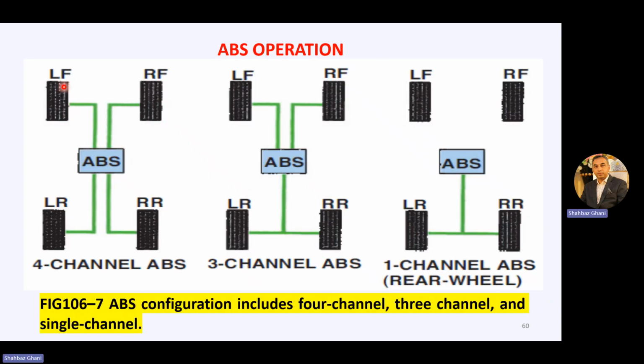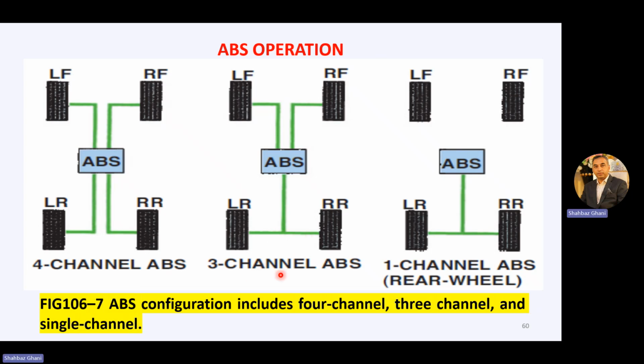So now see the 4-channel ABS system. We have a left front, right front, left rear, right rear. Every wheel has its own speed sensor. So this is the 4-channel ABS system category. And in the 3-channel ABS, the left front and right front have their own speed sensors, and for the rear left and right we have a common speed sensor, either mounted on a differential or a transmission.